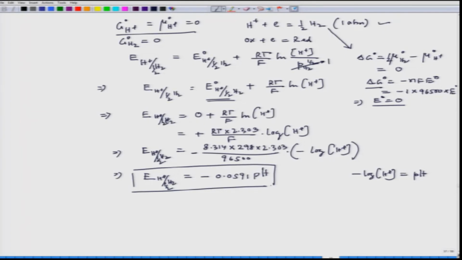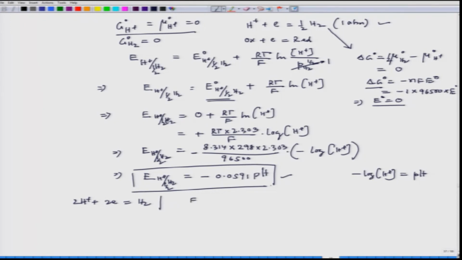Now, interestingly, if we have this reaction written as 2H+ to H2, would there be any change in this equation? Let us see.